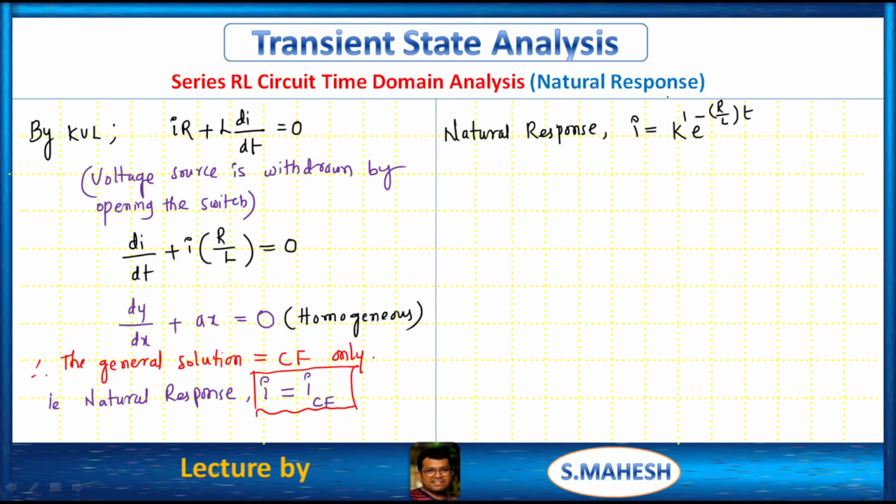Clear? So this is the representation of the current. Here we don't have any value of k dash, therefore we have to get the value of k dash.